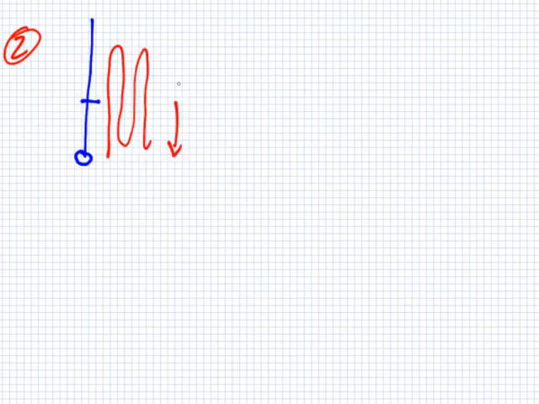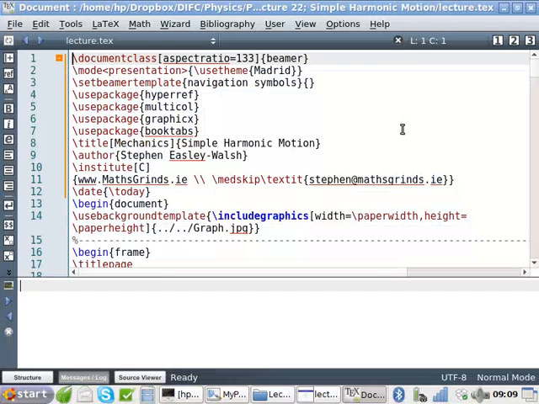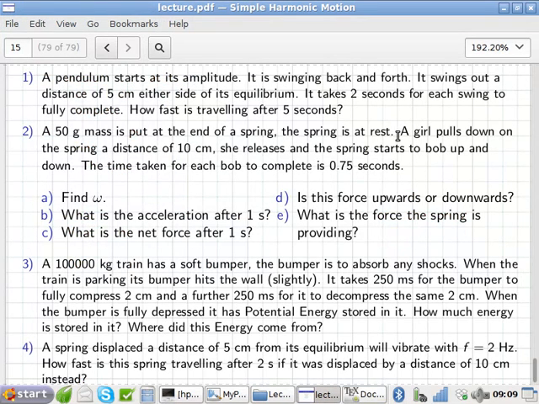The amplitude is 10 centimeters, 0.10 meters. The time is 3/4 of a second, and the mass is 50 grams. That's all we know.